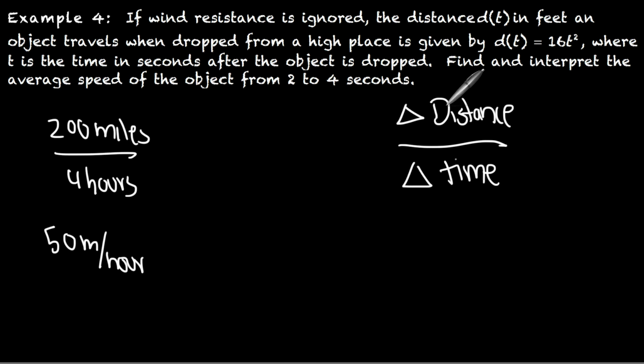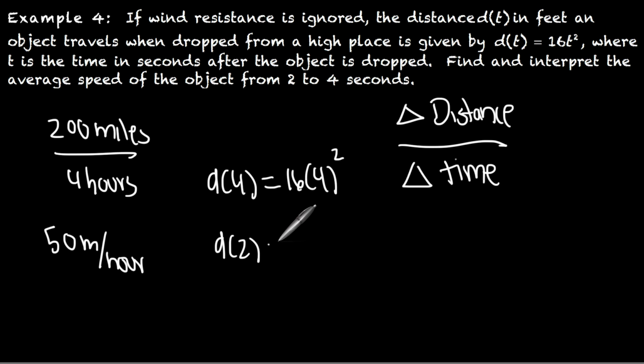So we're going to plug in 4 into this function. So d of 4 is going to be 16 times 4 squared. All right, and then d of 2 is going to be 16 times 2 squared.